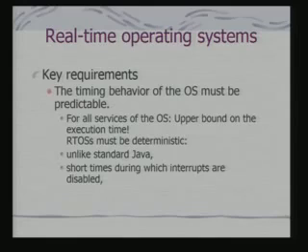But in actual real-world deployment, these overheads play a crucial role. What we need is exact and predictable timing of the OS services. So, for all services of the OS, we should know the upper bound on the execution time. In that sense, RTOSs must be deterministic. Only then can I actually talk about the correctness of the schedules.